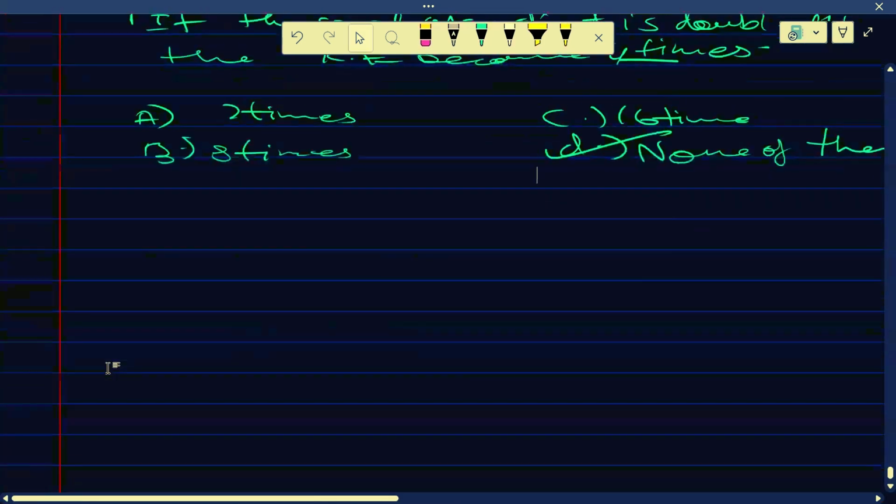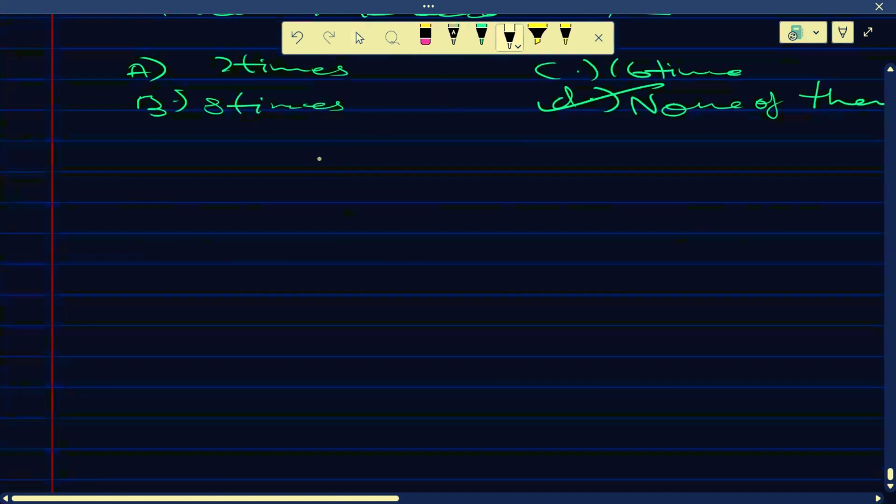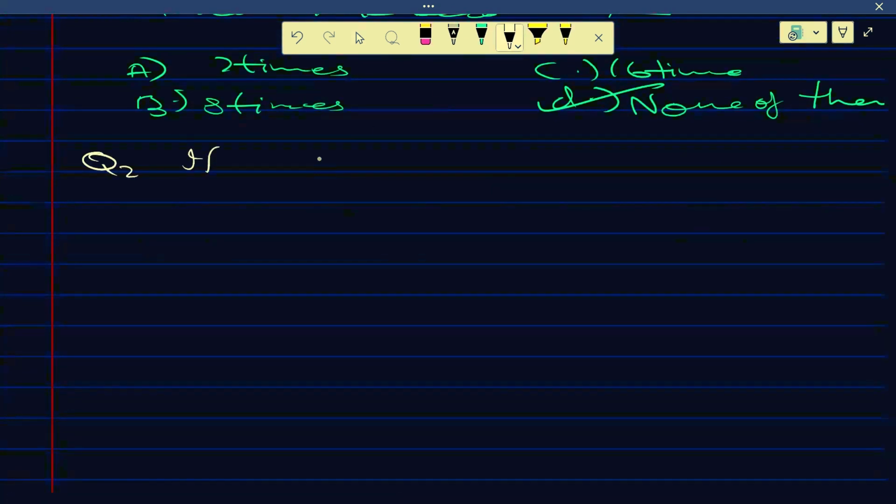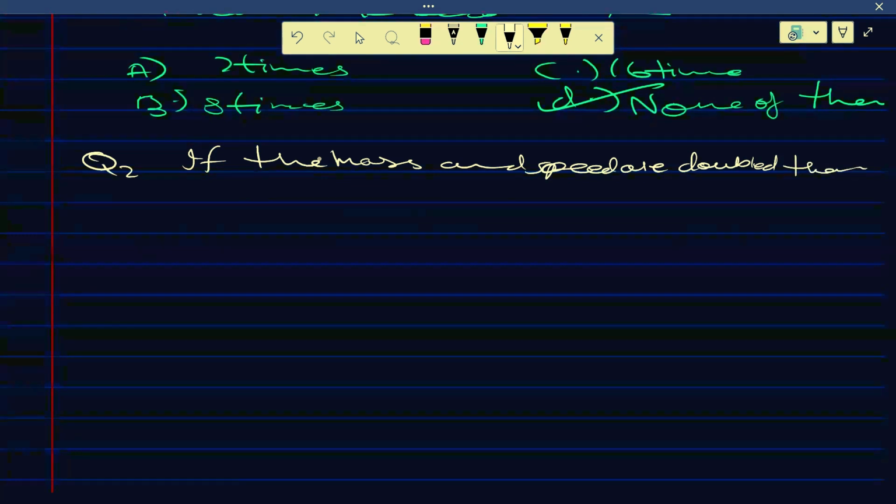Now let's do another past paper question. Past paper MCQ, question number two. If the mass and speed are doubled, then the KE, which means the kinetic energy, is increased by dash.